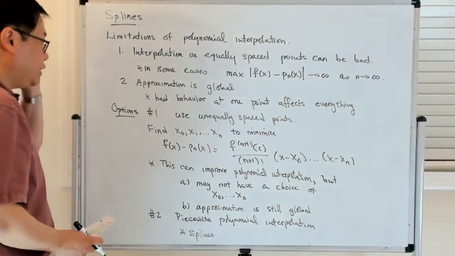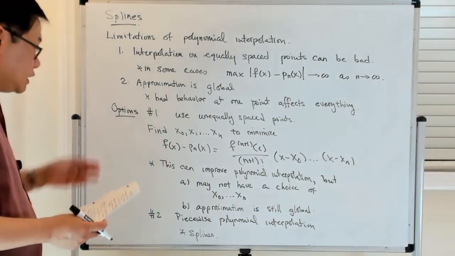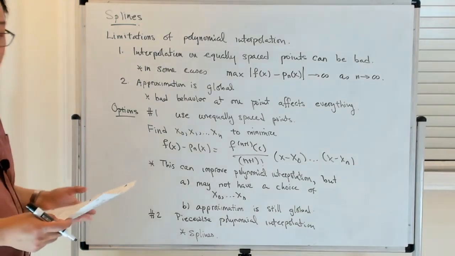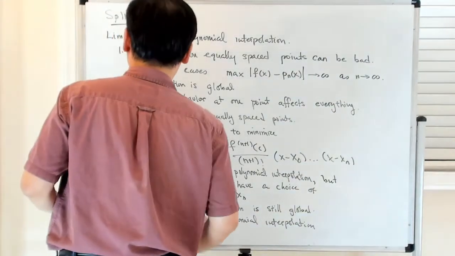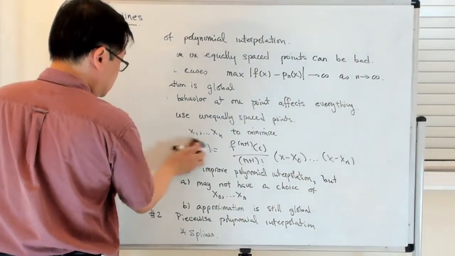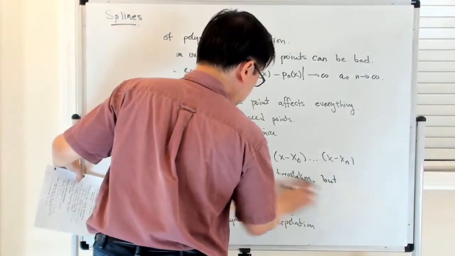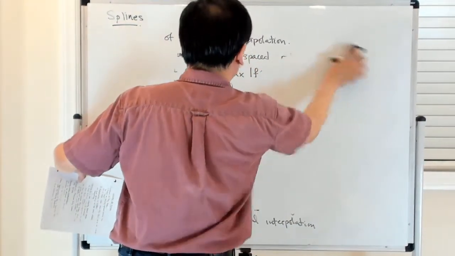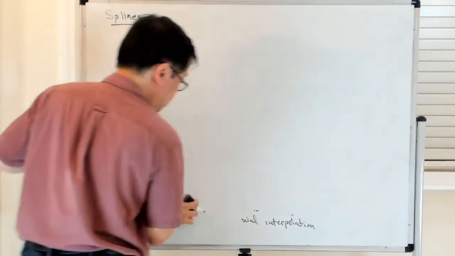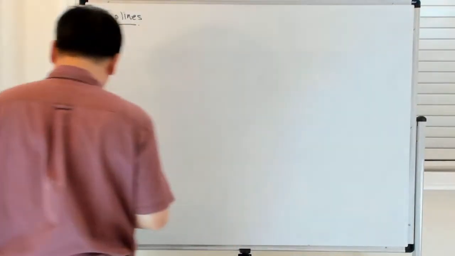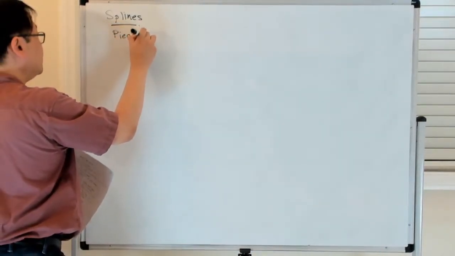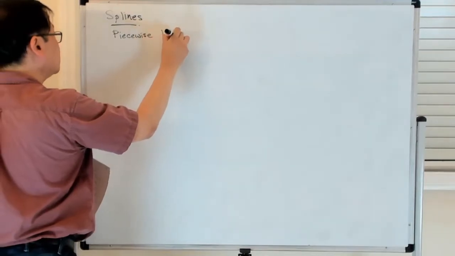So I'm going to try to illustrate this idea with the simplest possible piecewise polynomial interpolant, which is piecewise linear interpolation. Okay, so let's see what happens with piecewise linear interpolation.